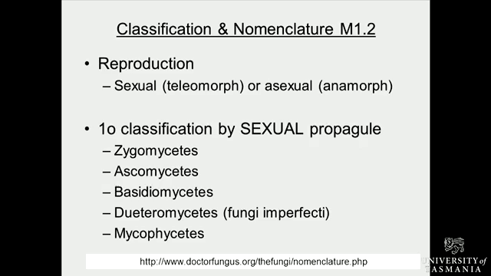In terms of how we classify the fungi into broad groups as a taxonomy, the taxonomy is based on how they reproduce sexually, not asexually. And there are 5 broad kinds of fungus based on how they reproduce sexually. Zygomycetes, ascomycetes, basidiomycetes, mycophycetes, and gyronomycetes.